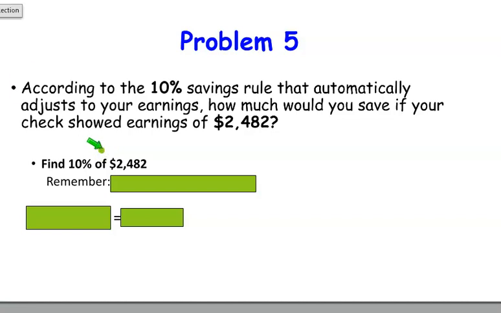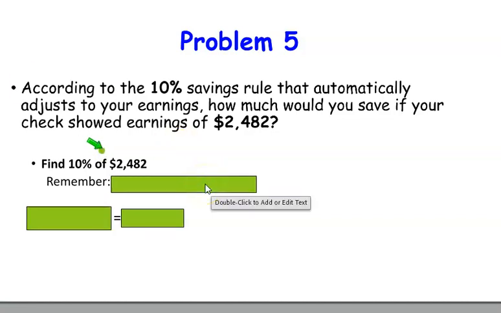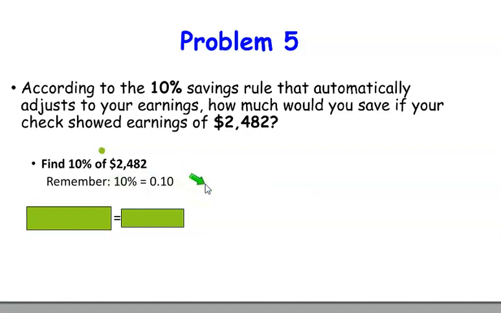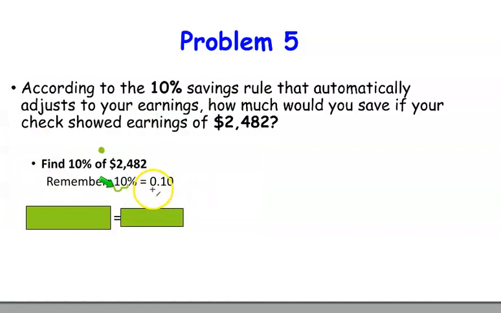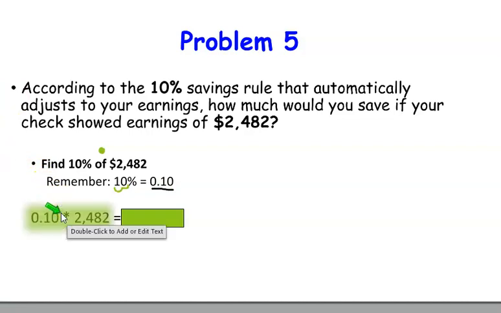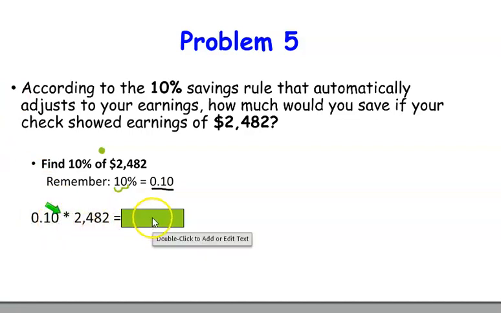Good job. Okay, and then remember, you can't calculate with a percent, you have to change it to a decimal. Take the percent sign off, move your hidden decimal 2 places to the left, and that gives you 0.10. Now we can go ahead and multiply. So 0.10 times 2,482.